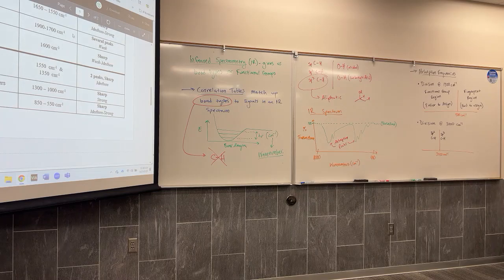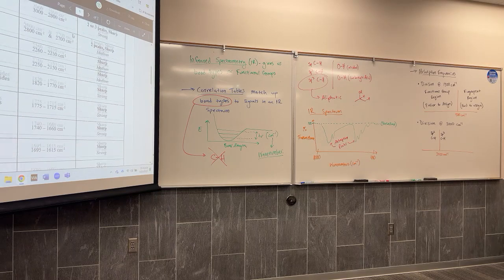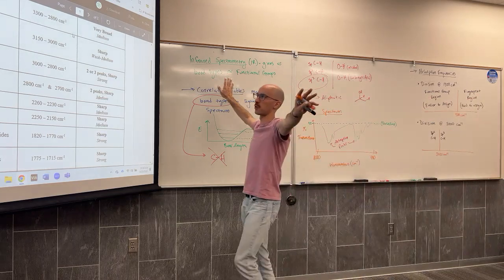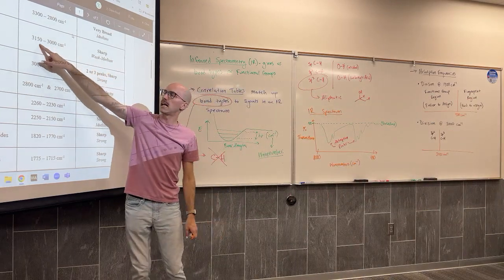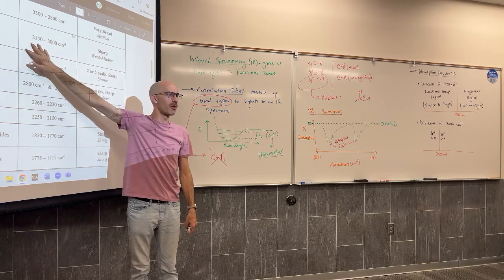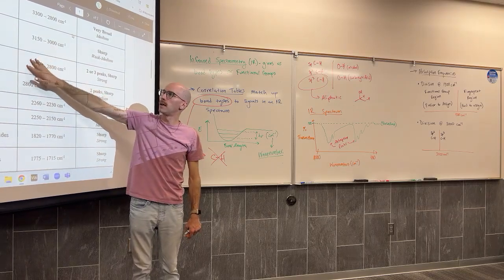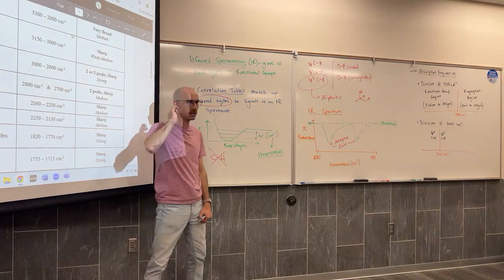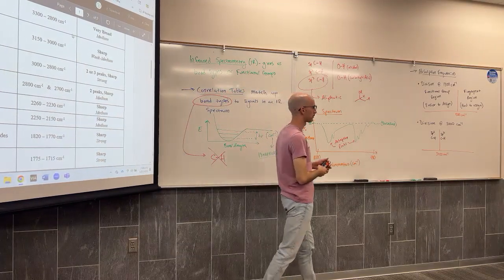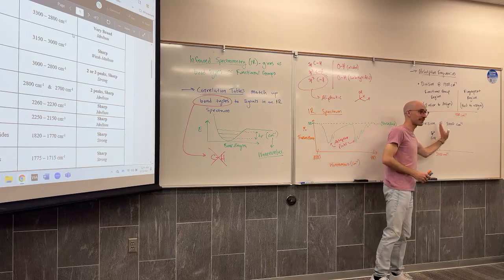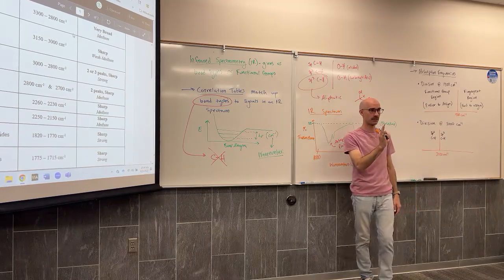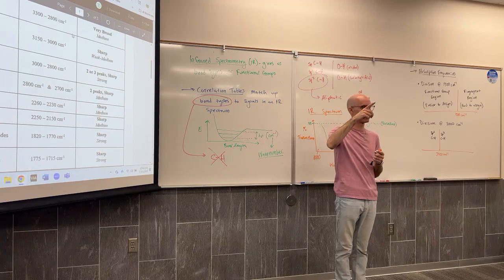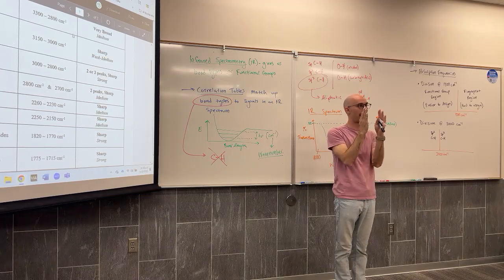If we look more at the correlation table at this region, we'll see that it's not that their absorption range stretch very far. sp2 absorption ranges from 3150 to 3000, and sp3 absorption ranges from 3000 to 2800 or 2850, depending on where you look. So there is this really nice line at 3000. Neither of those bonds will absorb at 3000, but they will absorb just on either side of it.